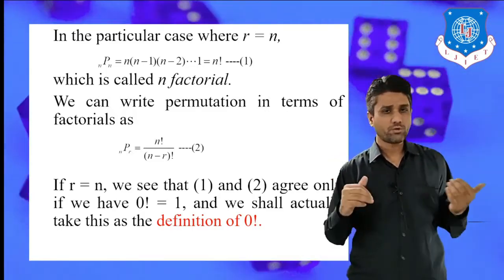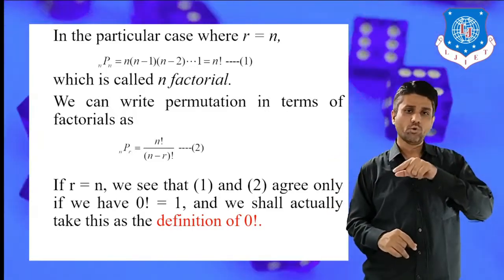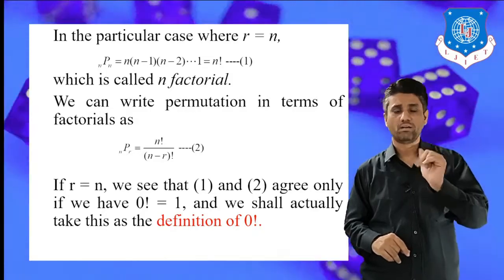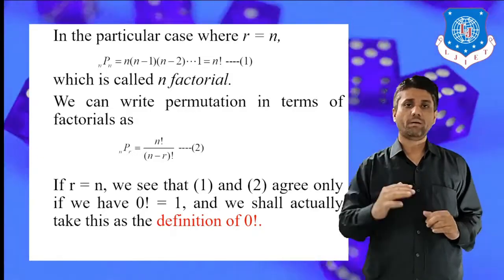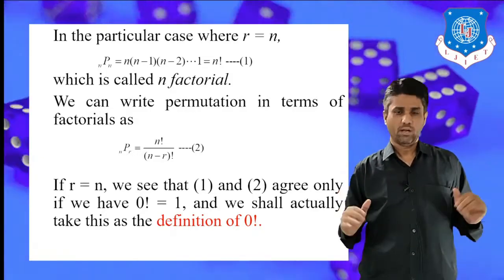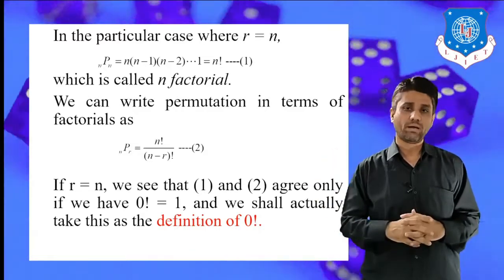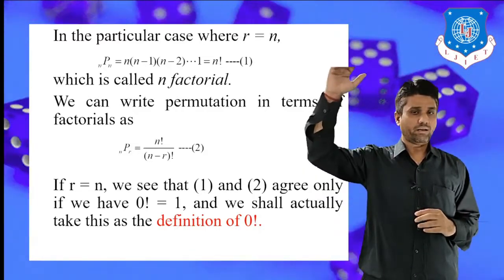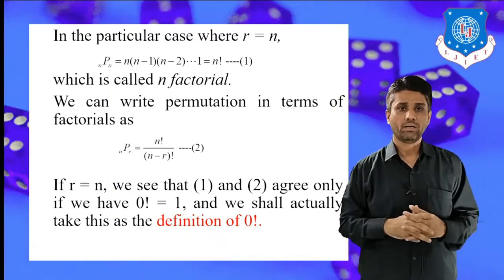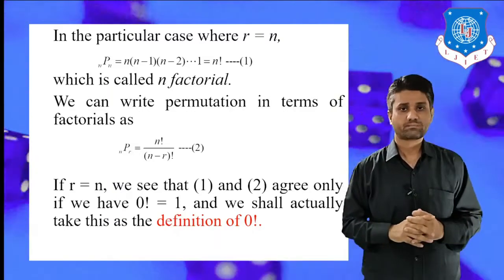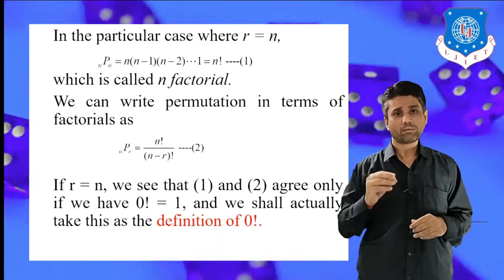Equation 2 is obtained from equation 1 by multiplying and dividing by n minus r factorial. In the denominator we see n minus r factorial, and in the numerator it is multiplied, so it becomes n factorial.